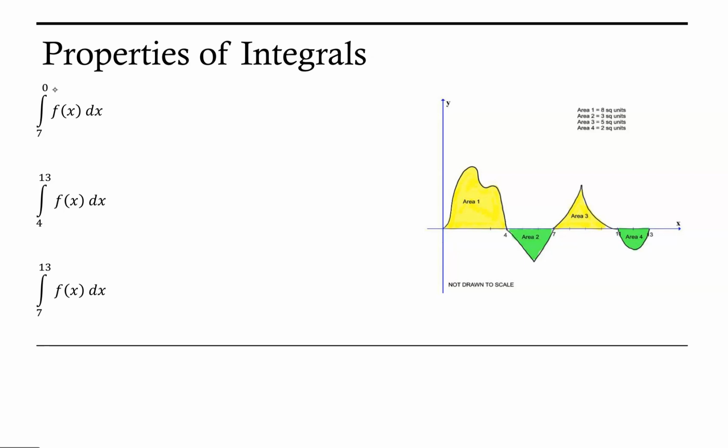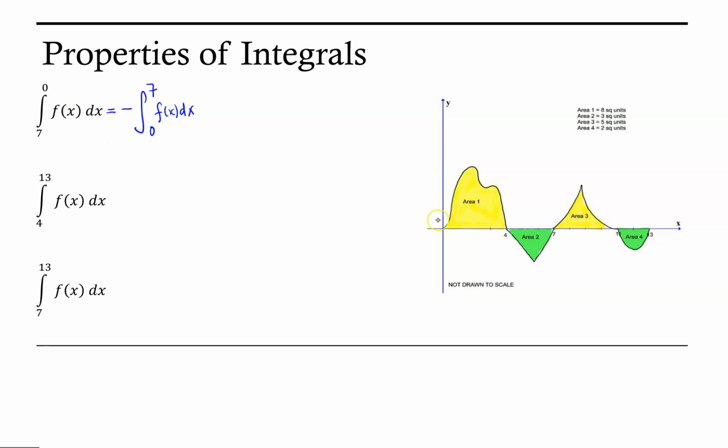So what we'll do is reverse the order of integration, applying the property that basically says this integral is the opposite of the integral with the limits of integration swapped. So it's the opposite of the integral from 0 to 7 of f of x dx.